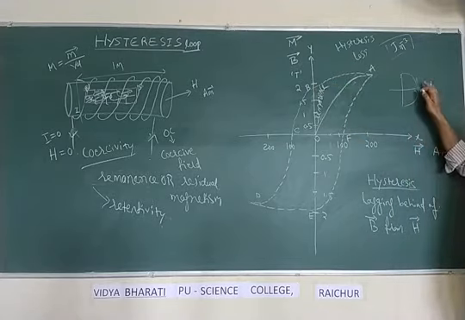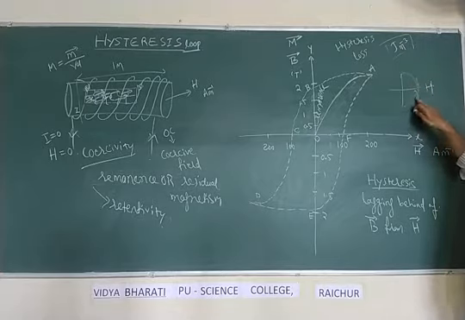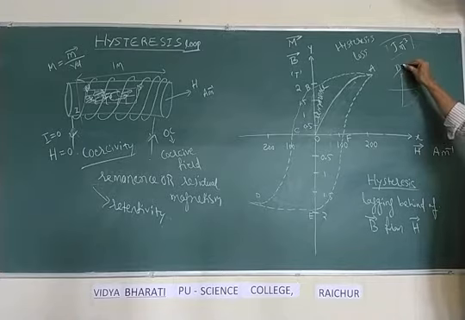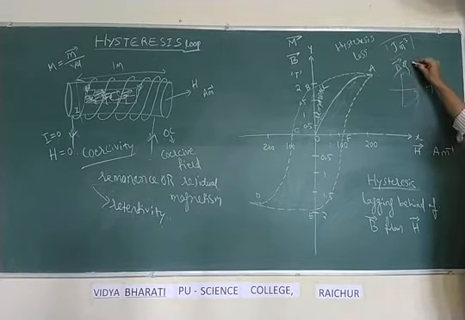It should not happen. For that sake, to remember easily, you can take either the B vector or the M vector along the y-axis. B means net magnetic induction, M means intensity of magnetization.